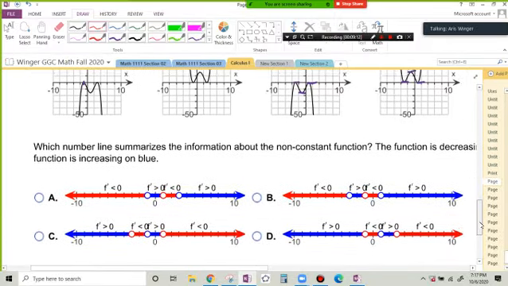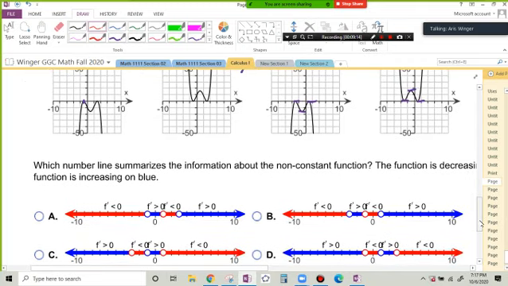Okay, so what is this function doing? This function is decreasing, so it should be red, blue, red, blue, red, blue. I'm failing this one. What's the difference between A and, oh, you actually have to pay attention to where this is happening.